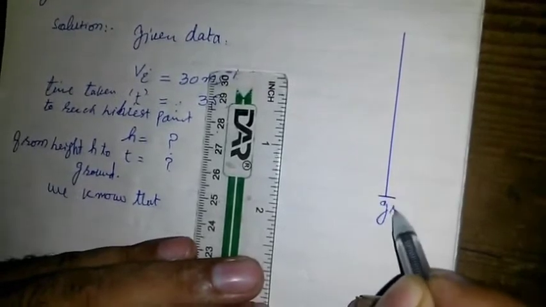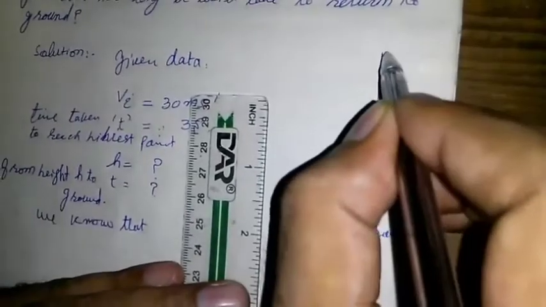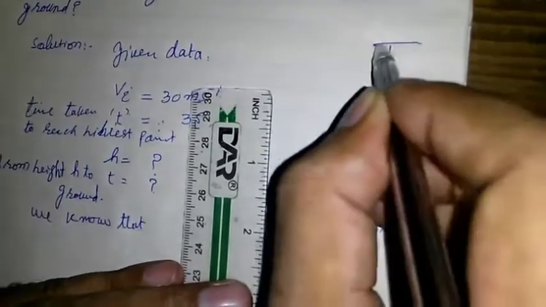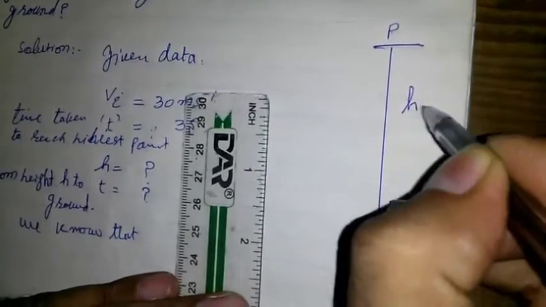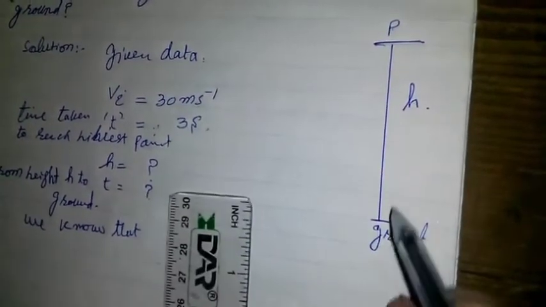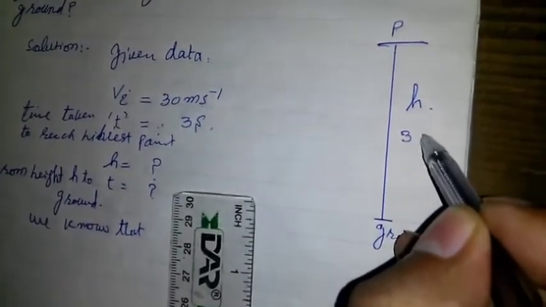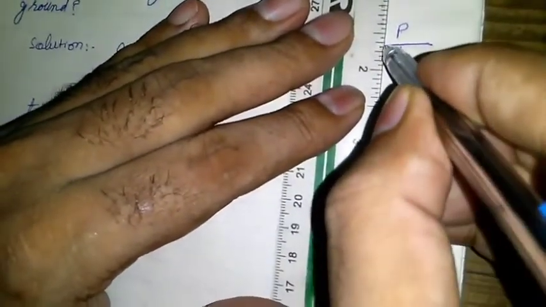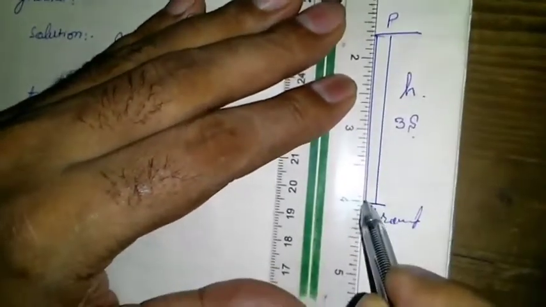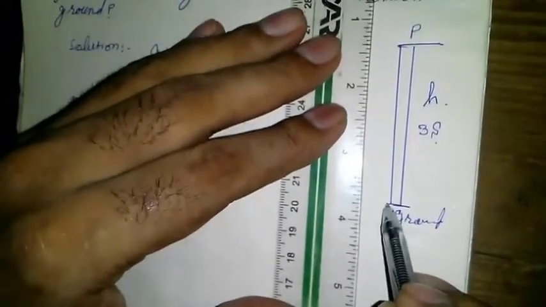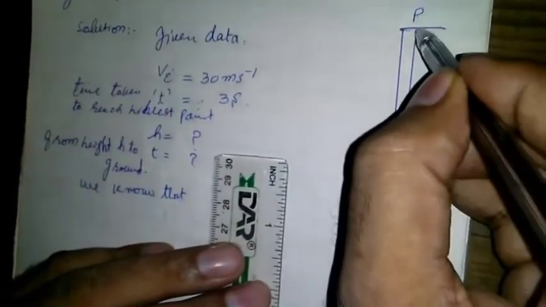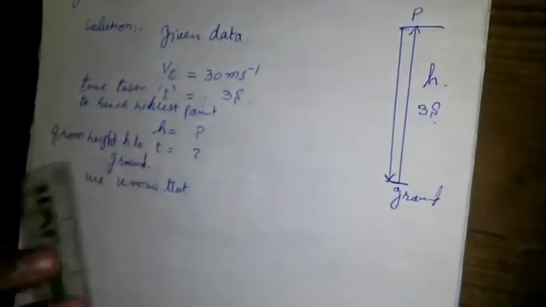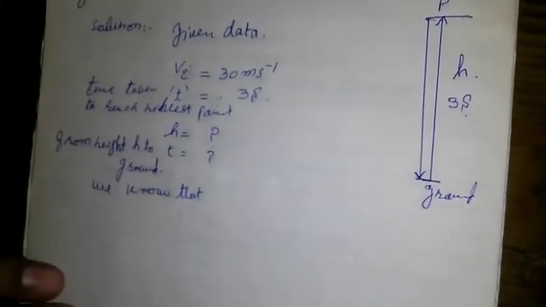This is ground and this is the point P at height h, and the ball takes 3 seconds to reach the height h, and then it falls down, hits the ground, and its acceleration is g.